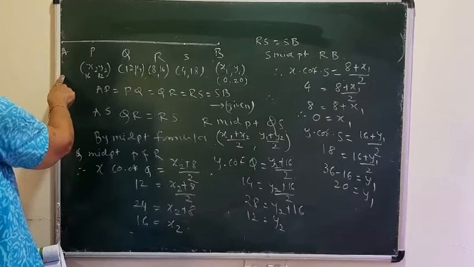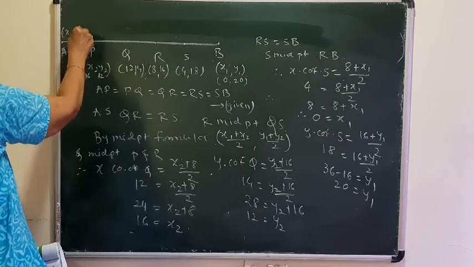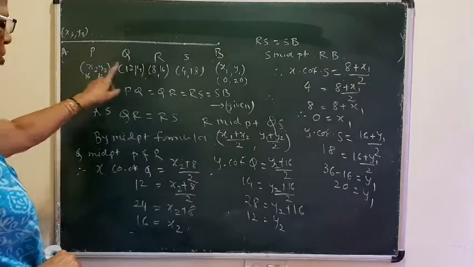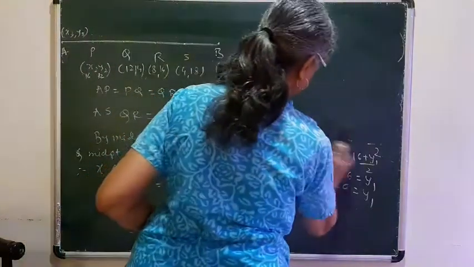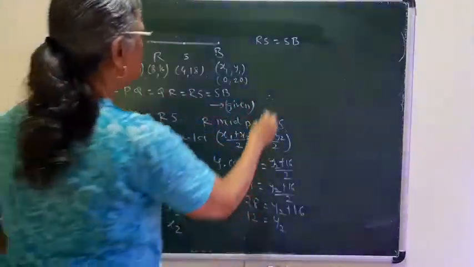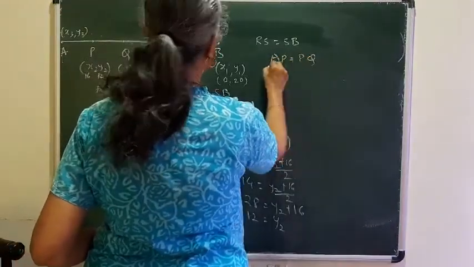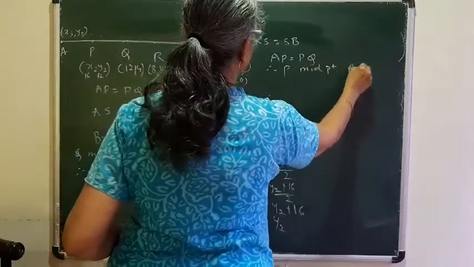Now we will come to A, which we are going to consider as x3, y3. So now here P will be the midpoint of A and Q, that we are going to write now. AP equal to PQ, therefore P is the midpoint of AQ.